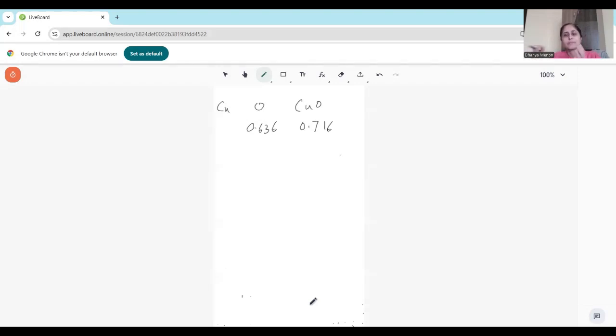Same as we have done before: product minus one of the reactants will give you the mass of the next reactant. Law of conservation of mass. So we get 0.716 minus 0.636, which is equal to 0.08. This is the first case, the first experiment.